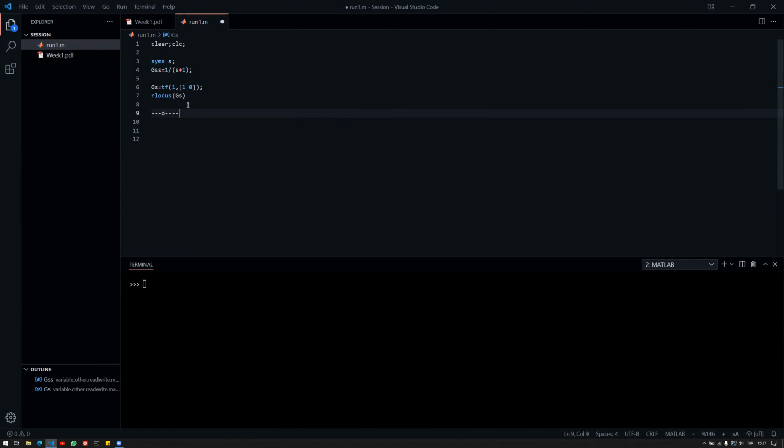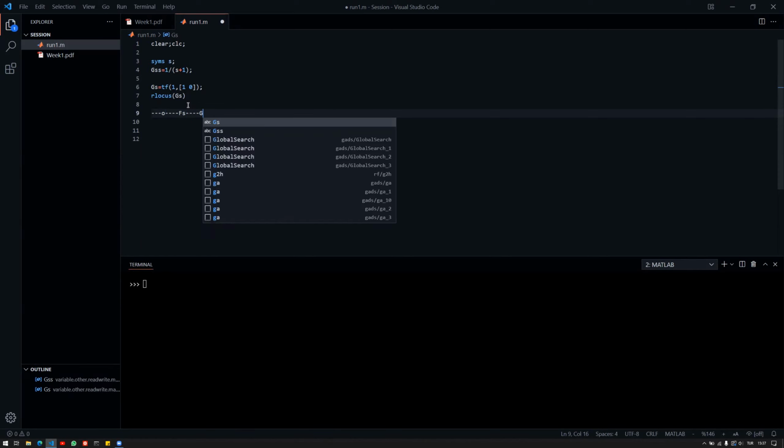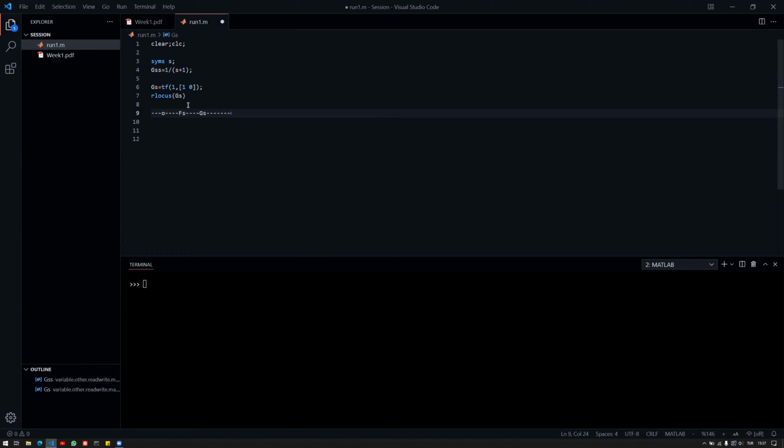So let's have a controller, F(s), transfer function. And then there's also the system. Of course, we call this the reference, and then we have this summation point, which generates the error signal that we are interested in. The job of the controller is to use this error signal in order to generate the ideal input that is necessary for the system in order to track the input.